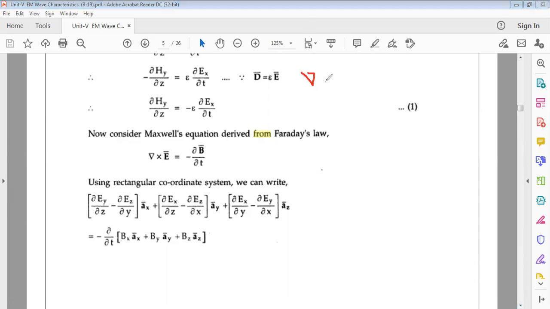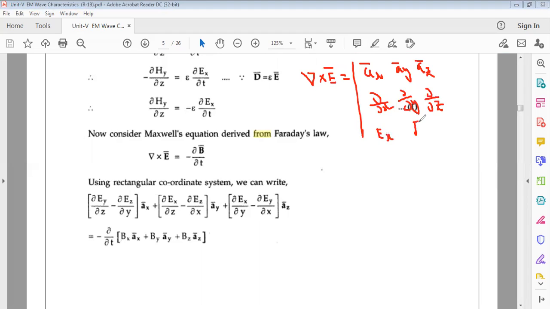Now del cross E bar is equal to, again you can take ax bar, ay bar, az bar, and dou by dou x, dou by dou y, and dou by dou z. And here you can take the E, not the H, sorry, Ex, Ey, and Ez.